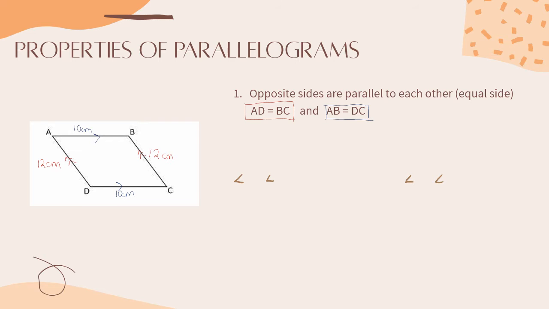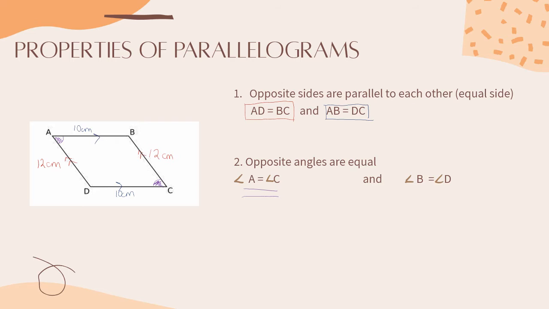Then the second property of a parallelogram is that opposite angles are equal. Opposite here means yang berdepanan. Okay, the opposite, yang depannya cerminnya. So for example, let me just label angle A here. Angle A is equal to angle C. So if angle A equals 45 degree, then angle C equals 45 degree as well because they are equal.